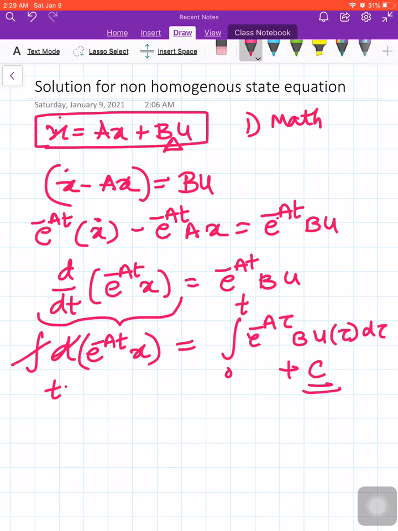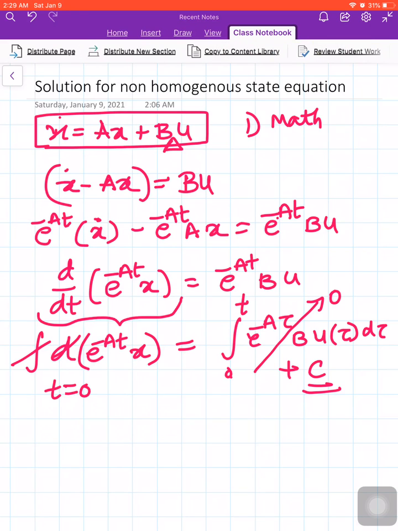So at t equal to 0, this integration will go to 0 because it is going from 0 to 0, it will not enclose any area. So that's why we have e power minus a0 into x of 0 is equal to c. So basically my initial condition is nothing but x of 0.